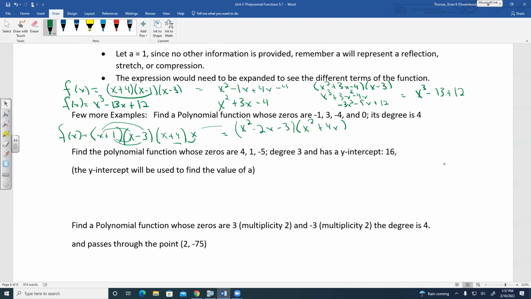So I have to multiply the x through there. x to the 4th minus 2x to the 3rd minus 3x squared. Then I have to bring the 4x through. So it's going to be positive 4x squared. I'm sorry, 4x to the 3rd. And then minus 8x squared.